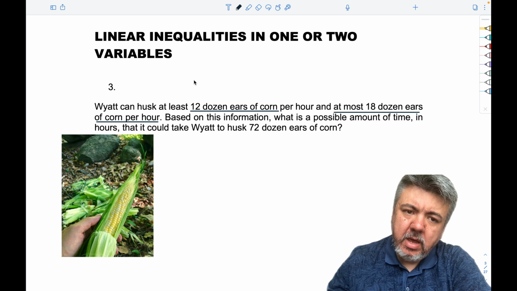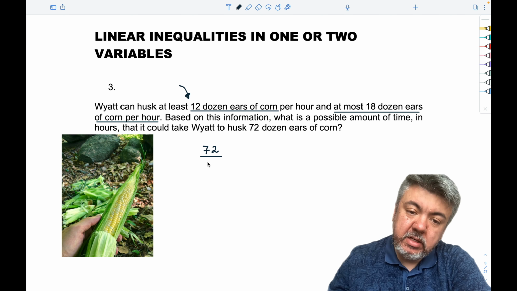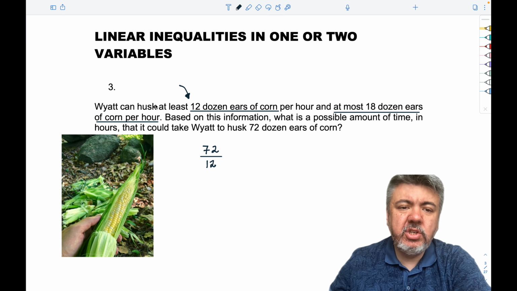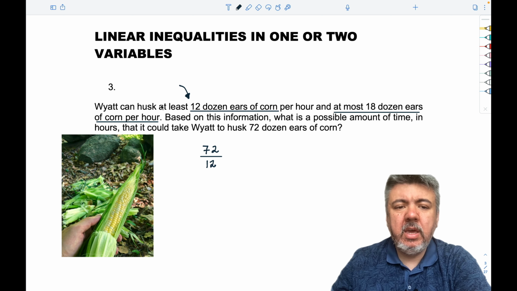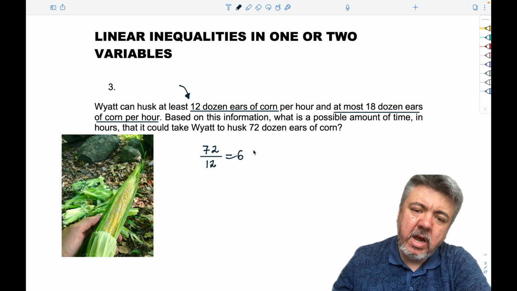So, when he is slow, 72 dozen ears of corn can be divided by 12 because each hour he husks 12, so it's going to be 8 hours, tops.